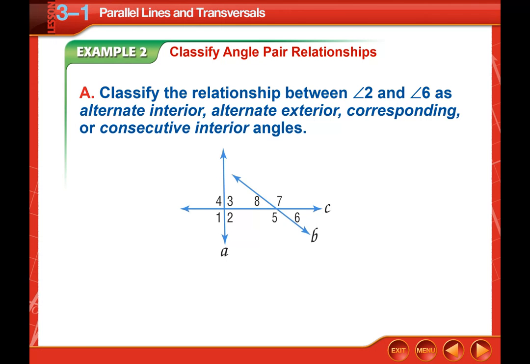So let's classify the relationship here between angle 2 and angle 6. Well, angle 2 is this right here, and here's angle 6. Okay, so right now this looks to be an interior angle. This is an exterior angle.